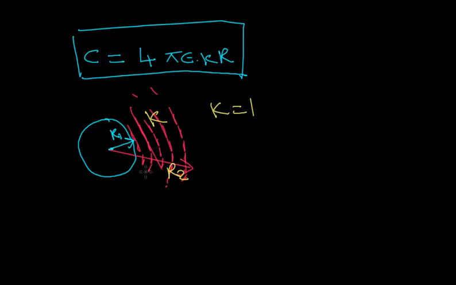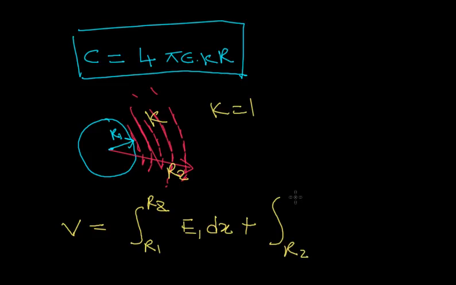The same thing now: you need to integrate your electric field from r1 to r2 and then from r2 to infinity. Means V will be equal to the integration from r1 to r2 of E1 dx plus the integration from r2 to infinity of E2 dx.